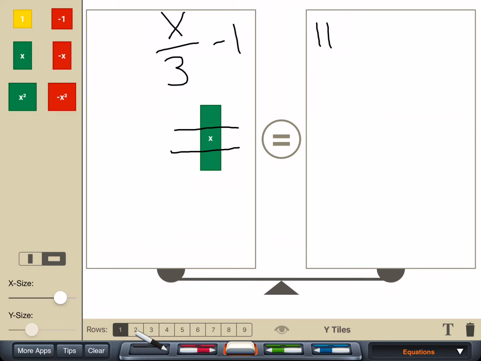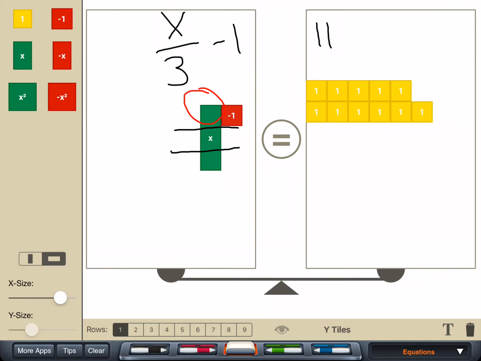So I've got 3 sections of my x, and each of these sections is a third. So this third, if I take away 1 from that third, I'm going to end up with 11. So 11 right there. Okay?